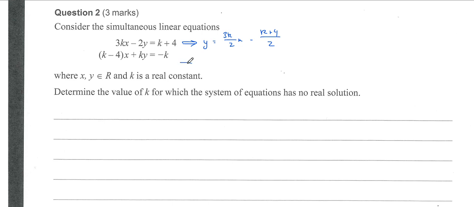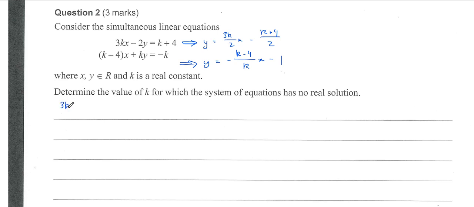And then this one we get y is equal to negative k minus 4 on k x minus 1. If they have no solutions, first of all, the gradients need to be equal, but also the y-intercepts cannot be equal. So first let's do the gradients.